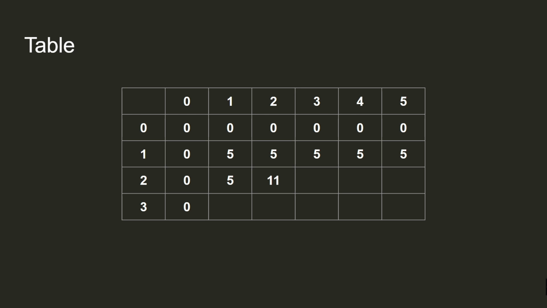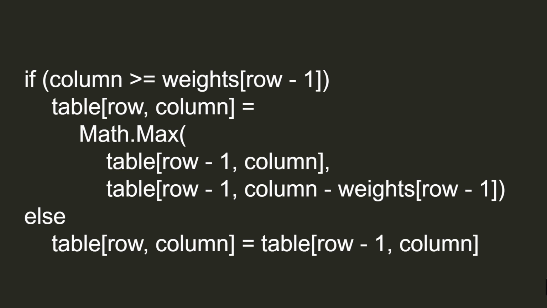For column 3 we need to check the weight, looks okay. Now let's do the math. Look at the previous row, or look at the previous row and the column minus the current weight and add 11. The results are 5 and 16. Let's write down the answer. So let's take a moment and write down the formula that is going to be applied for each cell.